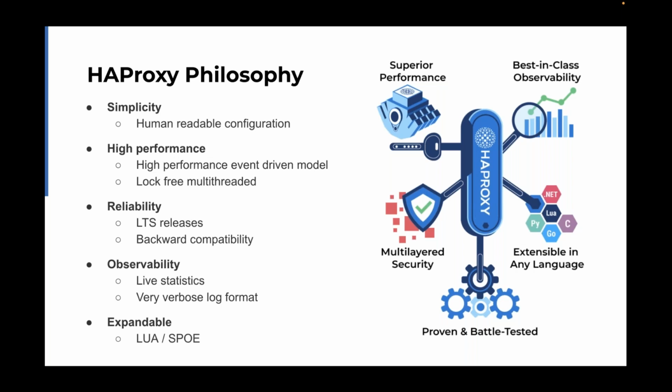There's a huge amount of documentation on this, so please consult that to understand all of the fields available. And then finally, HAProxy is expandable with Lua and SPOE, or Stream Processing Offload Engine options. Again, that's something that's very detailed and complex, so you should check our website for more information on it. We will be going over some Lua script updates, so that's a pretty cool feature update for us.